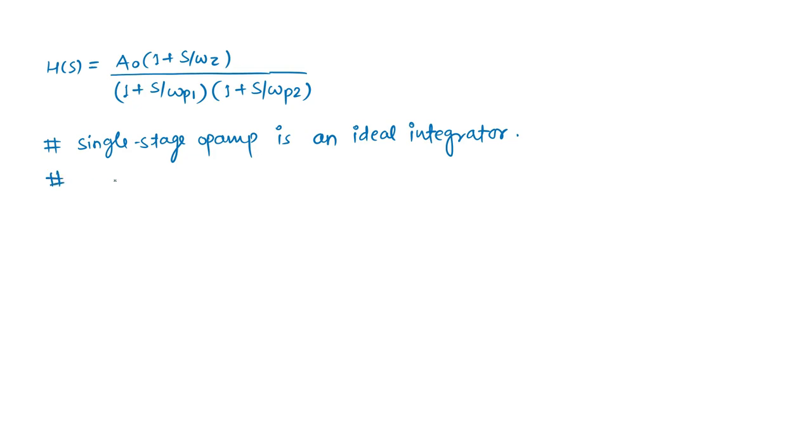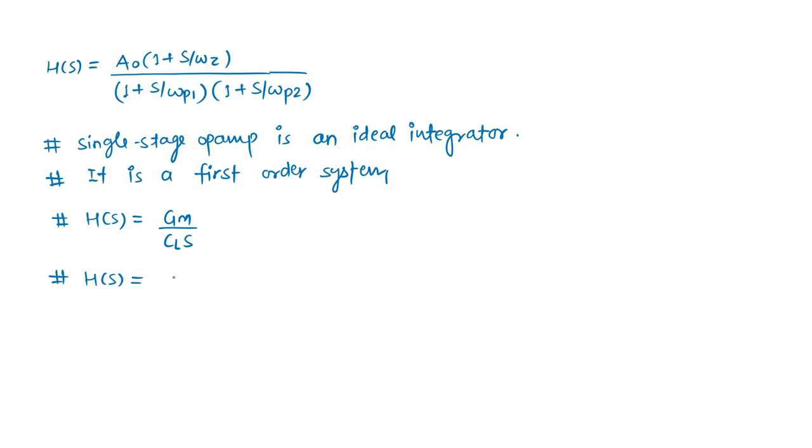Means one more thing, it is a first order system. We can also see ideally its transfer function should be some sort of Gm by CLS that we have seen, and practically its transfer function was coming out, when I considered G naught, meaning Rout of Gm cell, as G naught by CLS.